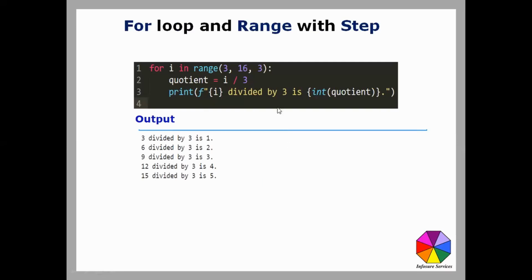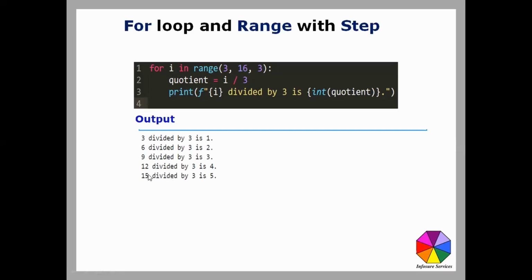However, range can have a step. Here is range with a start and an end with a step of 3. It starts at 3, so i takes the value 3, then 6, 9, 12, 15. 15 is within this 16, so it stops there.